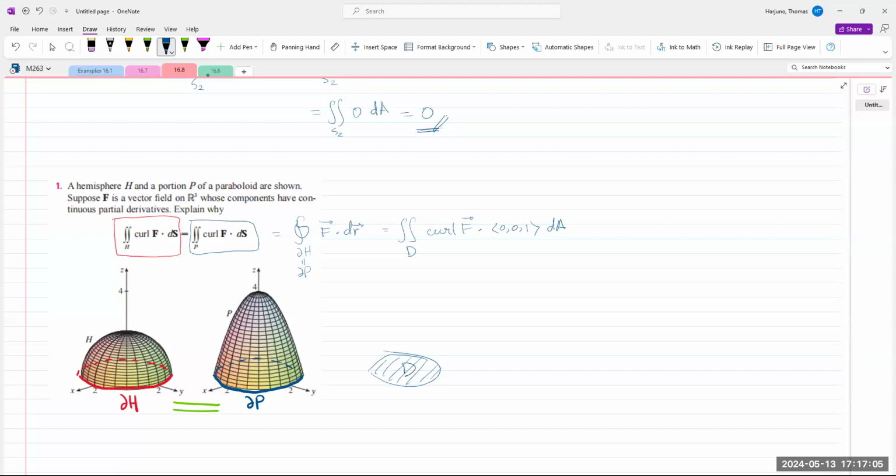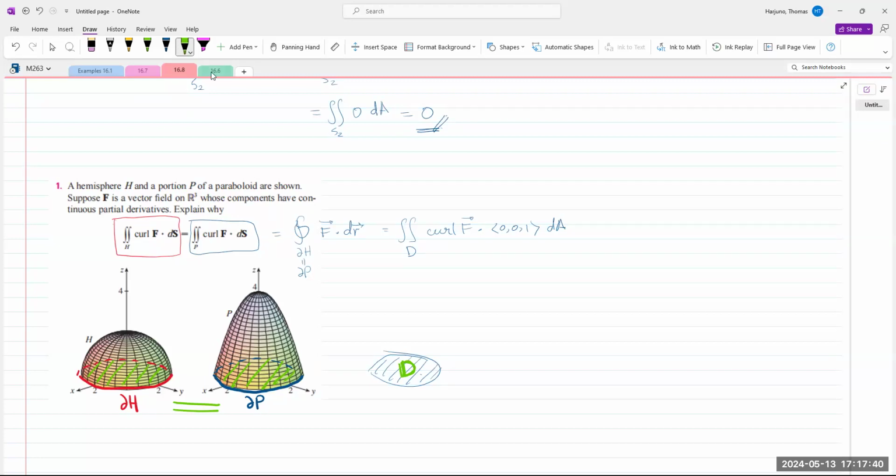If this is our D. Let me use a different color. This is the D, which is the base of this hemisphere, the base of this paraboloid. Okay, that's for question number 1.